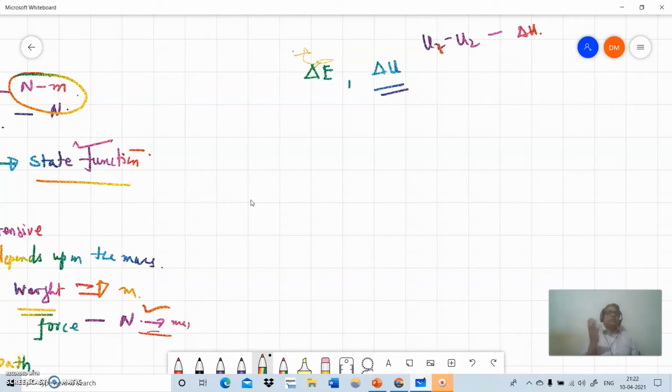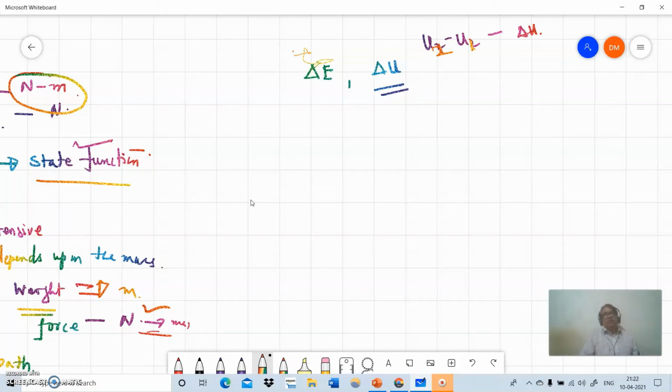Okay, so if U2 is more than U1, then U2 minus U1 will be positive, right? So that is an increase in the internal energy. That means if there is addition of heat, definitely there is an increase in the energy. If there is extraction of heat, definitely there is a reduction in the internal energy.